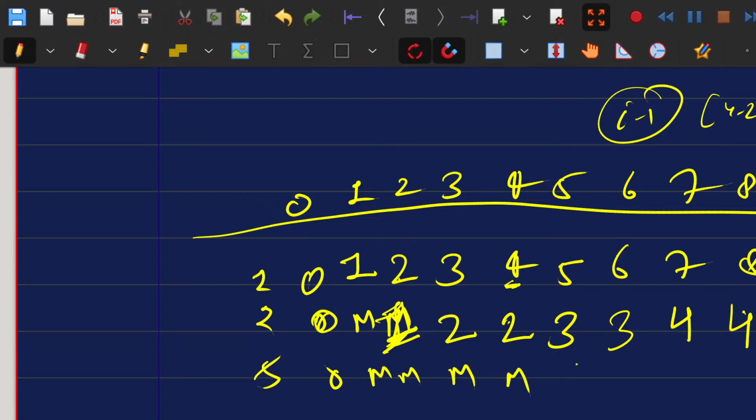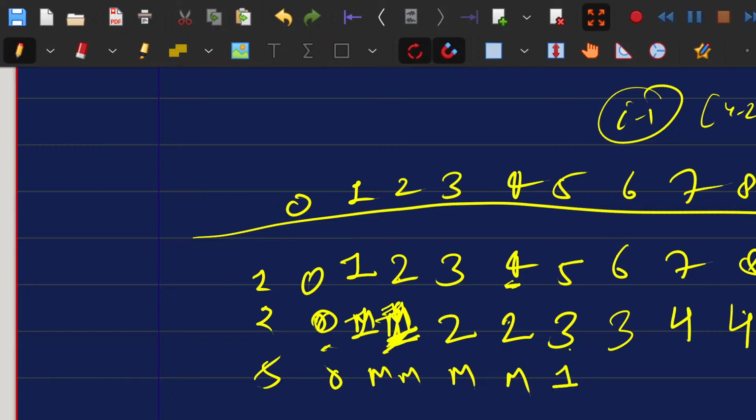Now we have 5. It's max 5. Okay, 5. So i minus 1 comma j, 0 plus 1, 1, 0 plus 1, okay, 1. Then 6 is what? 1. No, it should be the 1, right?